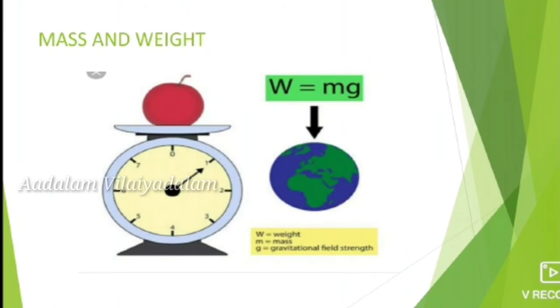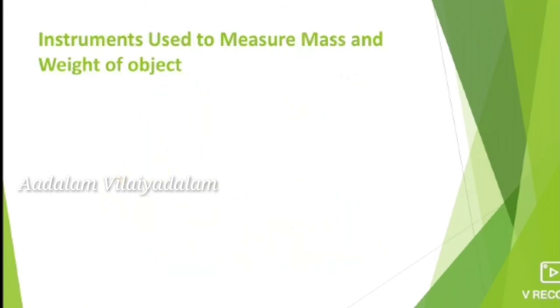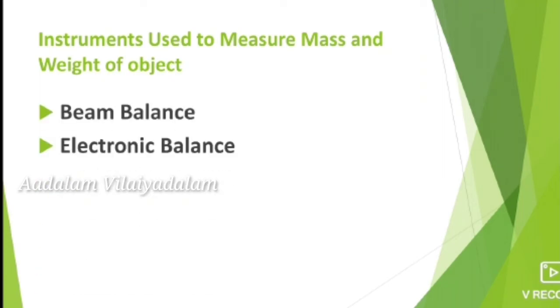The SI unit of mass is kilogram, and it is expressed with the symbol kg, and the SI unit of weight is Newton and it is expressed as N. The instruments used to measure the mass and weight of an object are the beam balance and electronic balance.